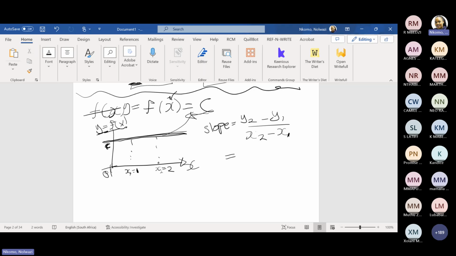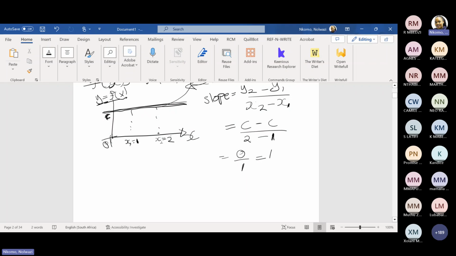If we substitute 100 where there is x, we'll have that constant again. So we have c minus c over x2 minus x1, where x2 is 2 and x1 is 1. So c minus c is 0, and 2 minus 1 is 1, and 0 divided by 1 is 0, right?